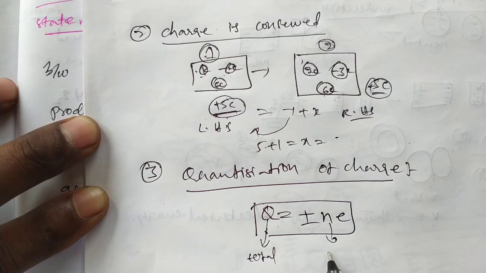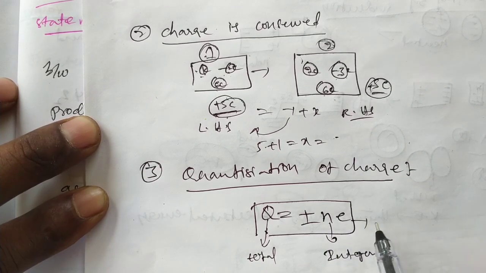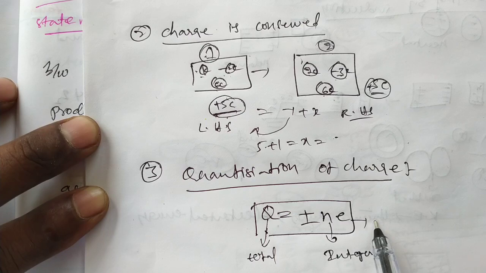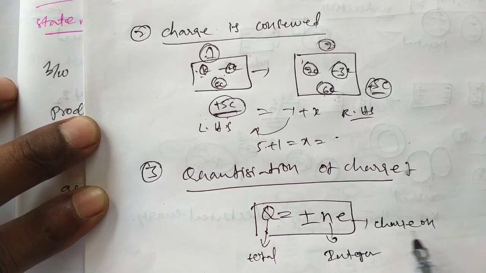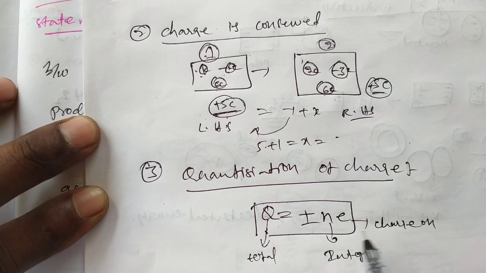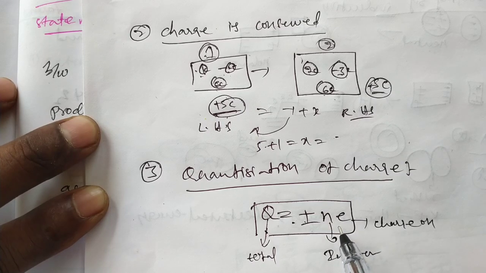N is an integer, and e is the charge on an electron. Q equals plus or minus Ne, where N is an integer: 1, 2, 3, 4, 5 and so on.